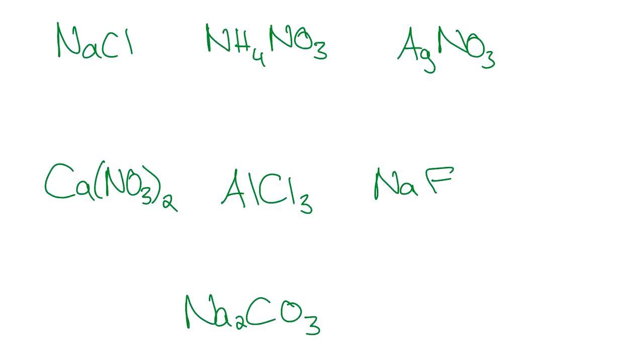All right, so which one are we doing first? We're doing sodium chloride. So what do we think? Sodium is what kind of salt? Is it acidic, basic, or neutral? Neutral. What about chloride? Neutral, yeah. So the overall salt will be neutral. Perfect.